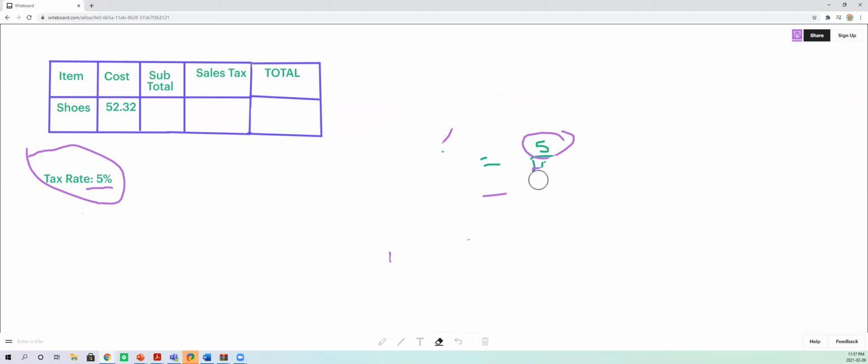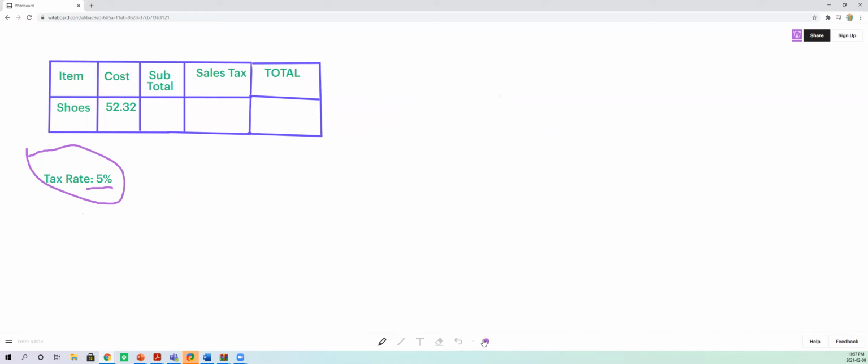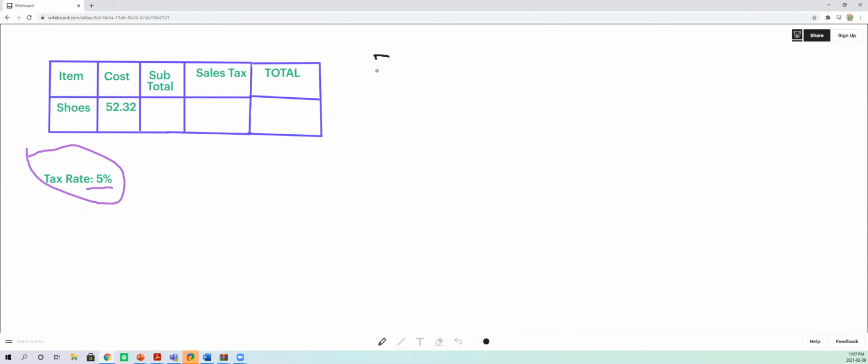And now we're going to start to calculate this equation. I think I'll go with black. So the cost of the item is $52.32.